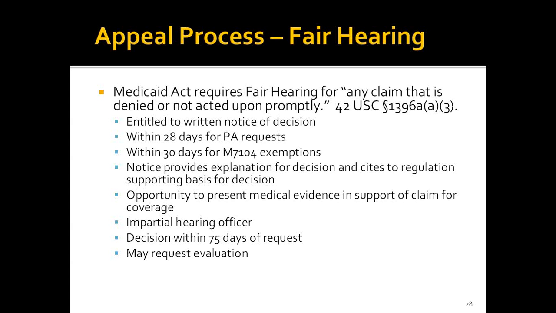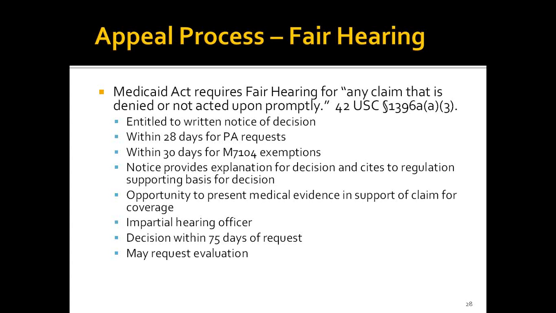When you make that request for a fair hearing, you're entitled to a hearing before an impartial hearing officer. You may be able to get an evaluation, although I don't know how frequently that happens in these instances, but certainly you can request that sort of independent evaluation.